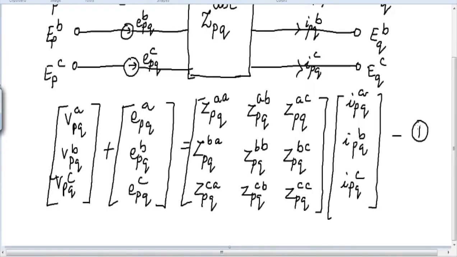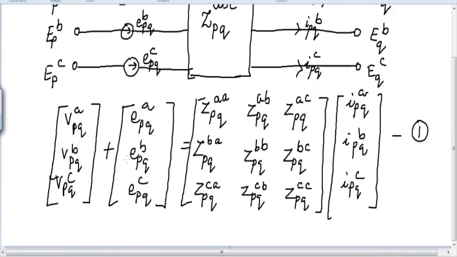So this equation number 1 is known as the impedance form of three-phase network. Is that clear, everyone? What is this equation number 1 called? We will write all these components. What is this V_PQA, V_PQB, V_PQC? We will write here one by one once you all are completed writing this.